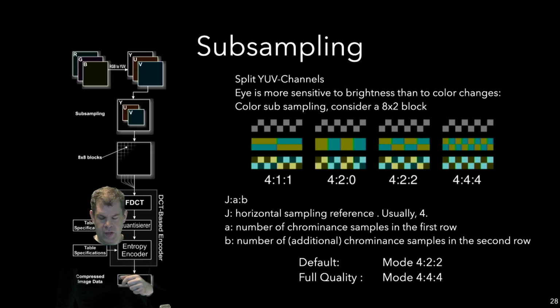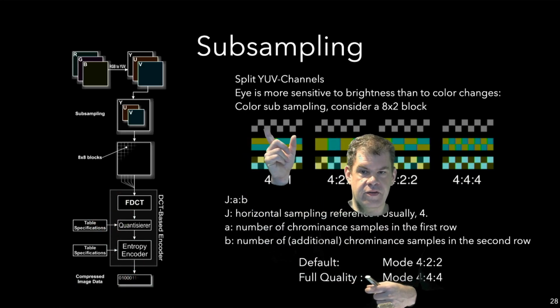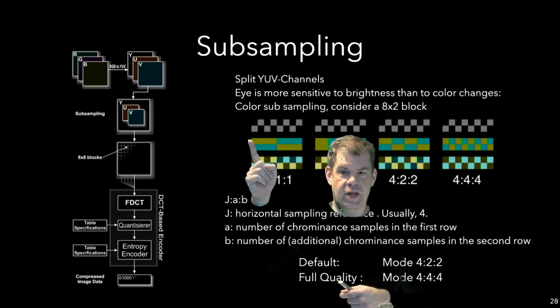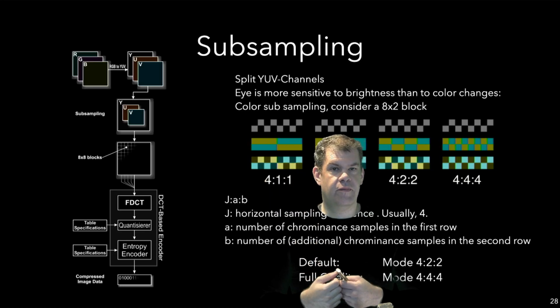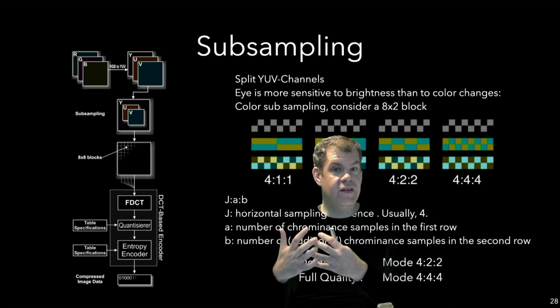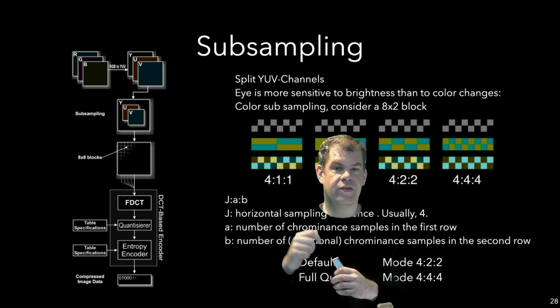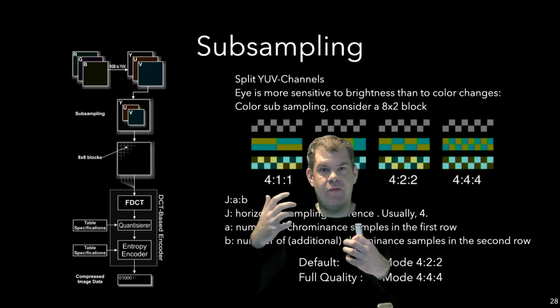Okay, so let's look at this example here. So those are 8 values, right? So 4, 1, 1 means, okay, well, I've got 1 single sample for 4. So I have a downsampling factor of 4 to 1. That kind of makes sense, right? I mean, I get that part. So that this here is the downsampling in X. But then the second one is not the downsampling in Y, it's just how many additional do we have.